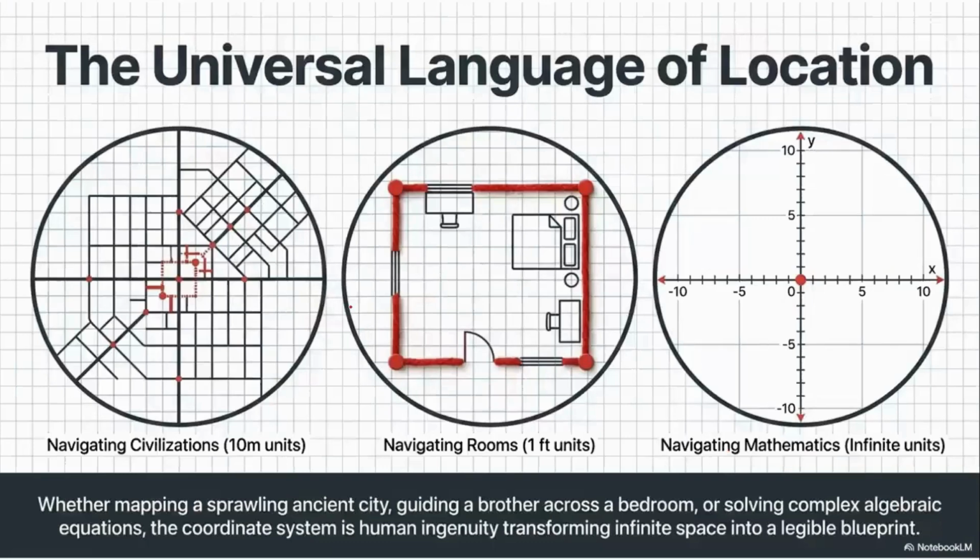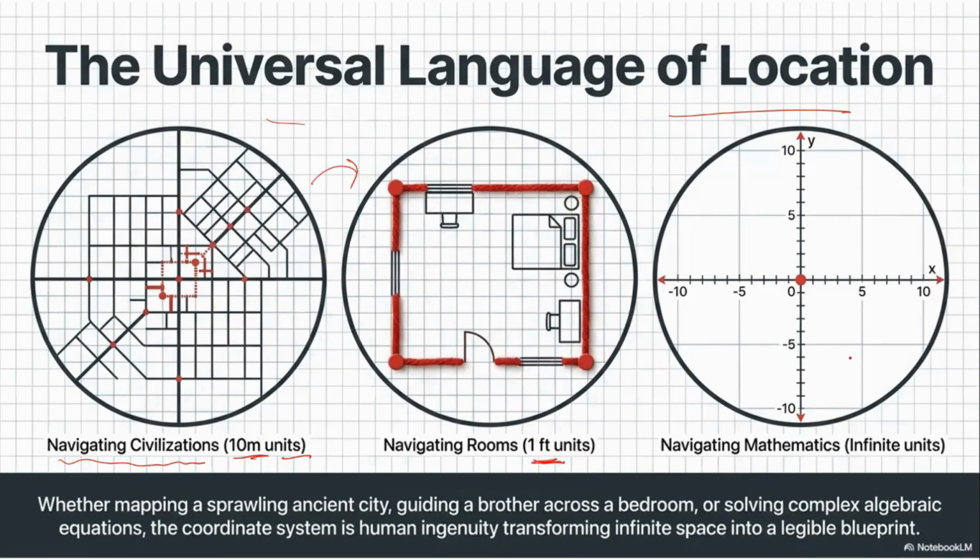Right? So now, basically, what we have seen is the universal language of location. In the starting, navigating civilization, like you have seen in the Sindhu Saraswati civilization, the distance was made in 10-meter units. And then it was used in navigating a room where the thick thread and tactile pins were used for the corners of the boundary, and the unit was 1 foot.